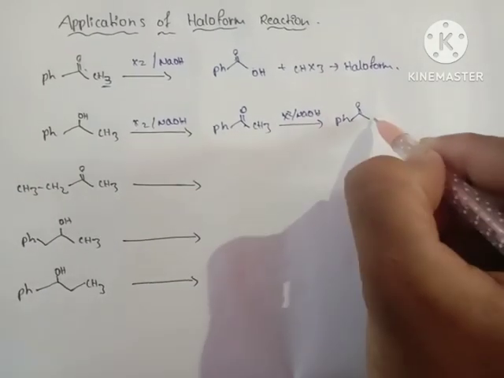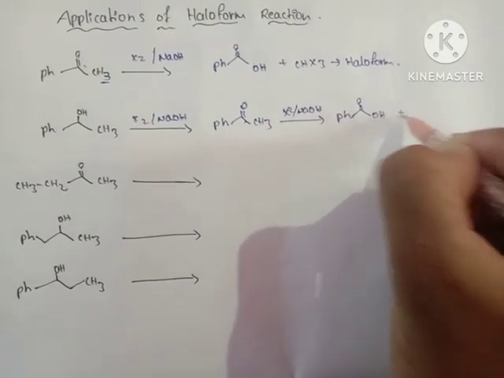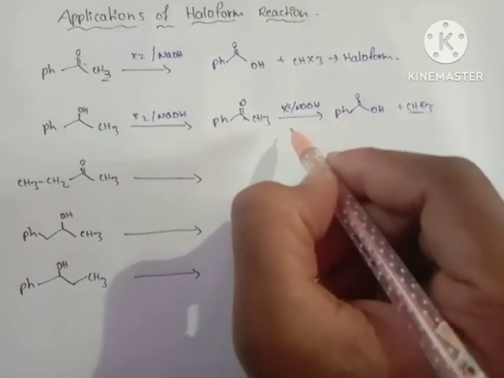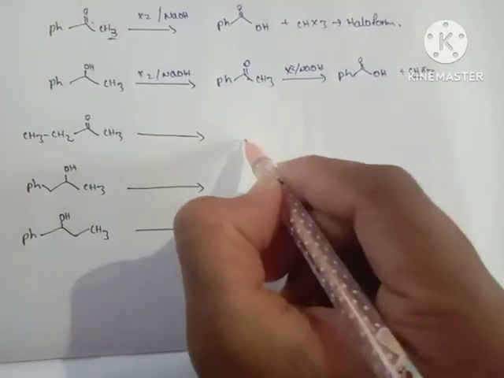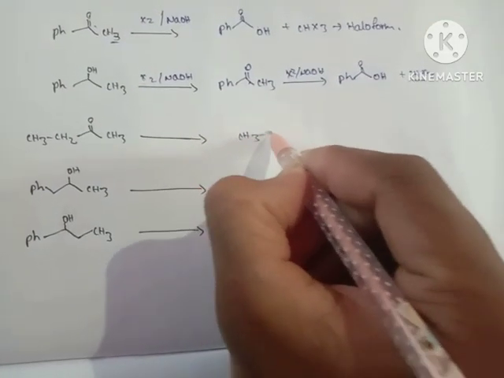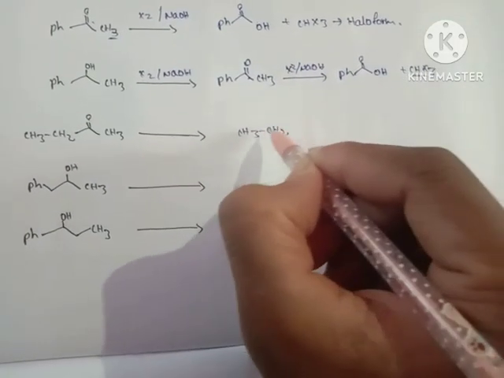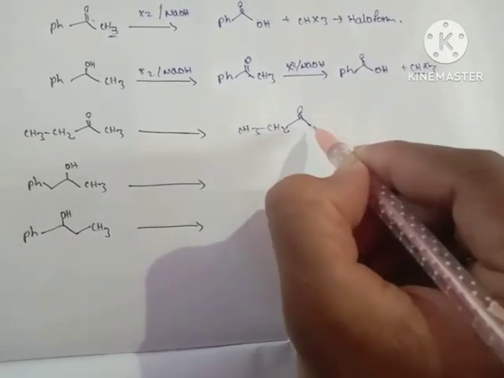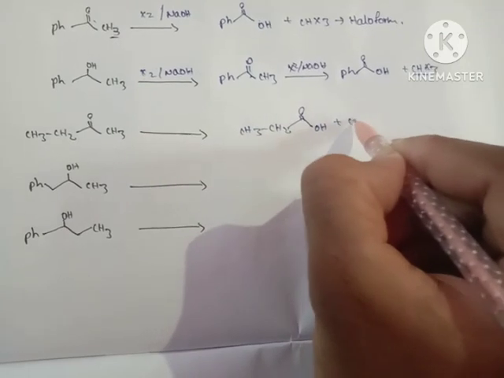The methyl group is replaced by OH group to produce haloform.